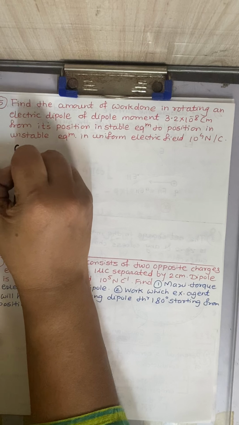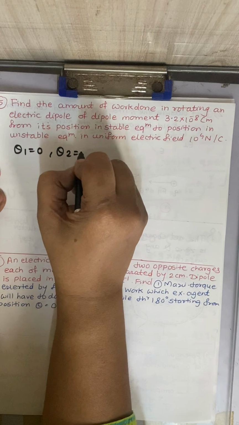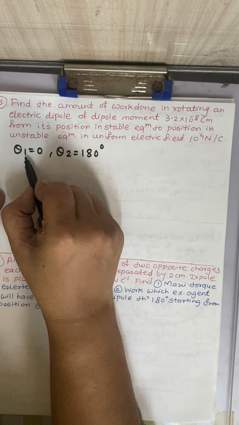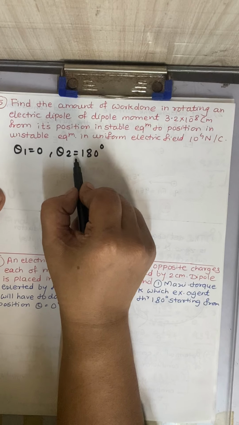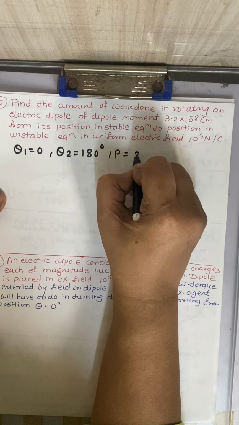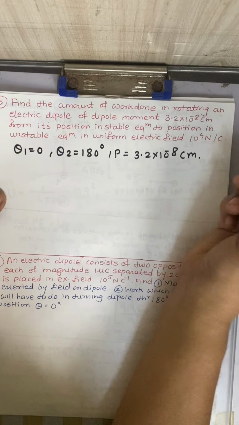Theta 1 is equal to 0 and theta 2 is equal to 180. This we have studied: in stable equilibrium theta 1 is 0, in unstable equilibrium theta 2 is 180, and p is given as 3.2 into 10 raised to minus 8 coulomb meter.